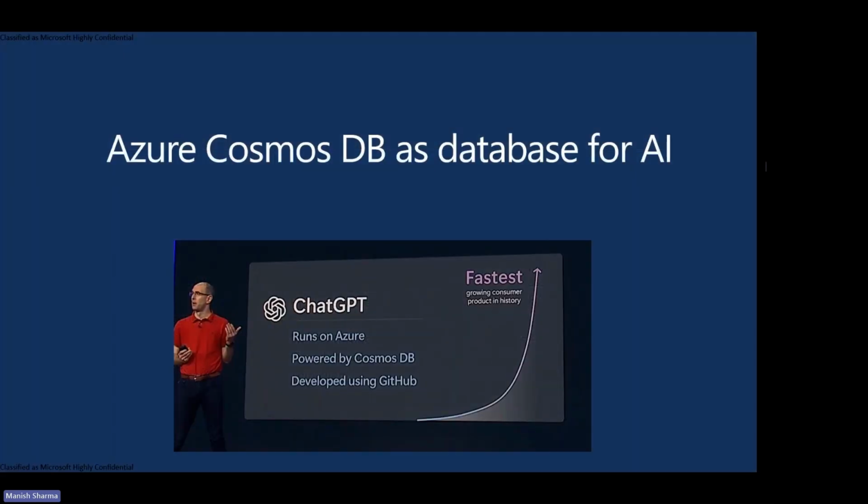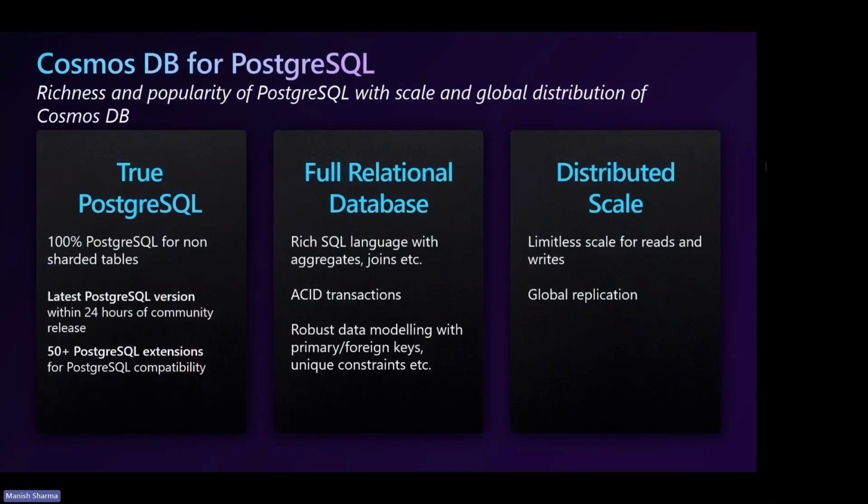Cosmos DB as a database for AI: ChatGPT is running on Cosmos DB. OpenAI uses Cosmos DB right now, and they are using us because of the elasticity and the guaranteed performance we are bringing to the table. And this is our PGSQL API, the PostgreSQL API, which is truly scalable, distributed, and has open source content.